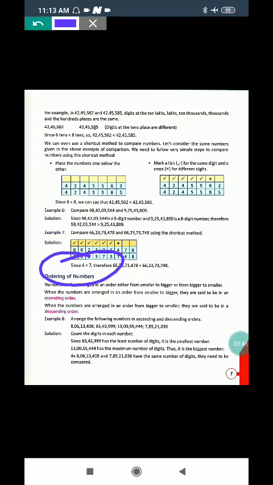And what is descending order? When the numbers are arranged in order from bigger to smaller, that is 9, 8, 7, 6, 5, 4, 3, 2, 1, like this. 9 is bigger and 1 is smaller. Okay, let us take an example over here.